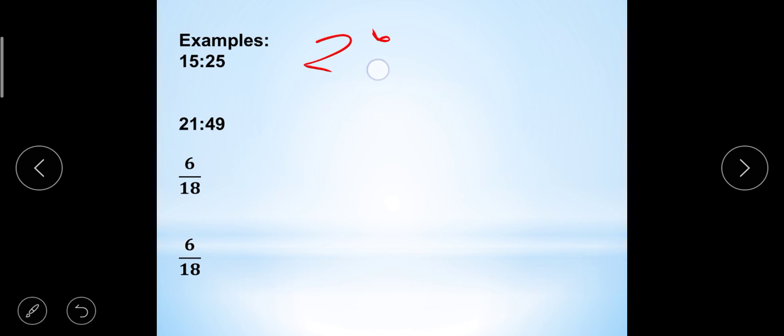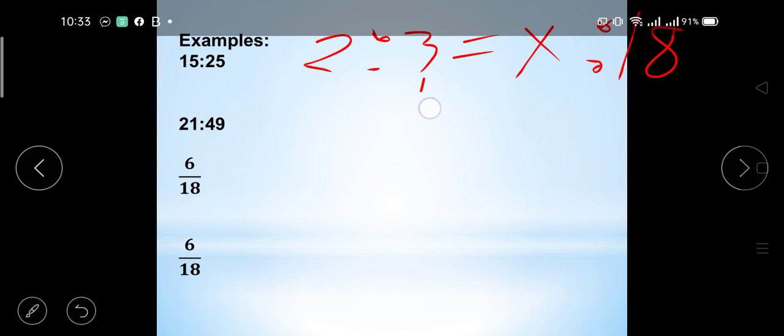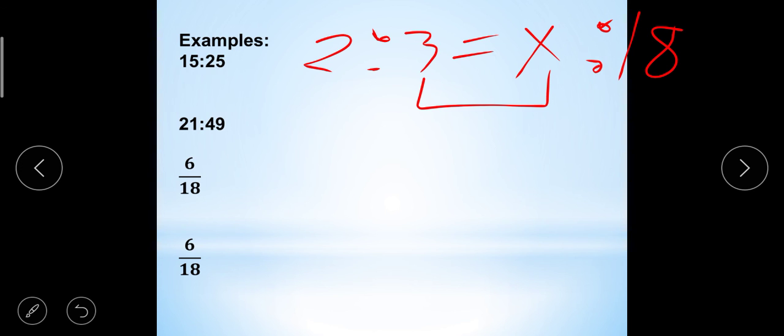2 is to 3 is equals to X is to 18. Product of the mean, 3 and X. 3 multiplied by X is 3X.